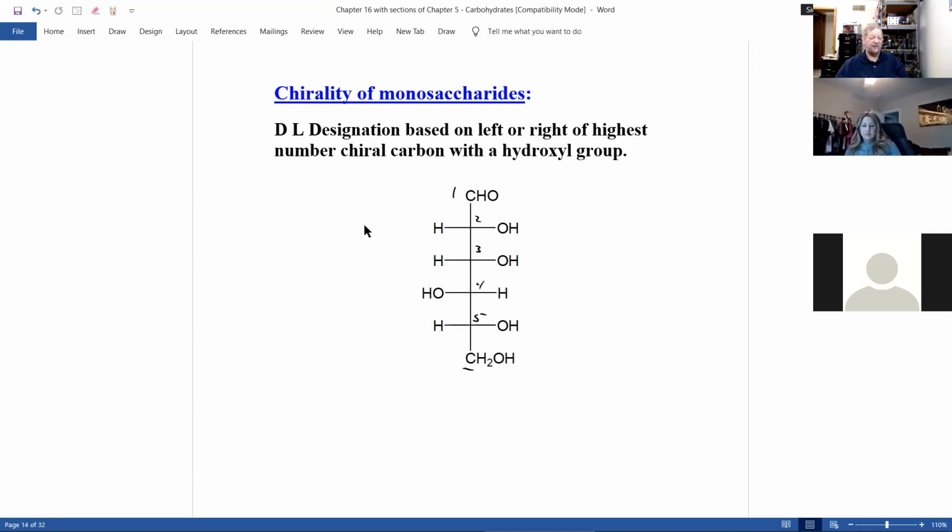This is not a chiral carbon. So here's our highest chiral carbon. And notice the hydroxyl group is on the right, which is dextro, and L is, I believe, for levo, right and left in Latin. Therefore, when it's on the right, it's given a D designation, on the left, L.